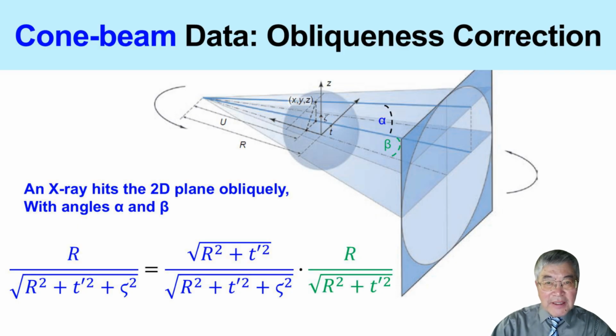When we multiply these two cosine correction factors together, we obtain the cone beam obliqueness factor shown in blue. This is why the cone beam formula contains the additional zeta squared term. So the new weighting factor is not mysterious. It simply comes from the fact that a cone beam ray is oblique in three-dimensional space, not just in a two-dimensional fan beam plane.